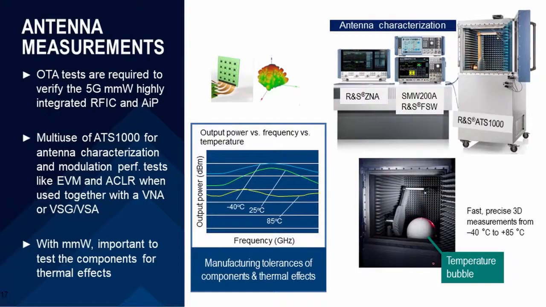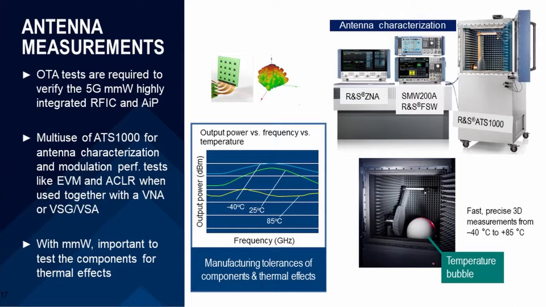Testing over the air means we need chambers, and here I would like to introduce the ATS 1000. You can see the ATS 1000 has multiple uses: one for antenna characterization, and then you can also do modulation performance tests like EVM and ACLR when used together with VSG and VSA.